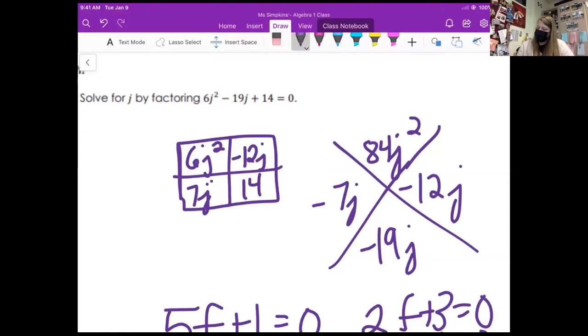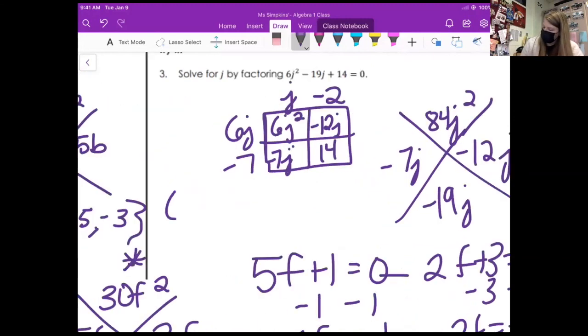And so the greatest common factor here would have been 6j, 6j times j, 6j times -2, and then j times, oh, this is -7. So your two factors were 6j minus 7 and j minus 2.